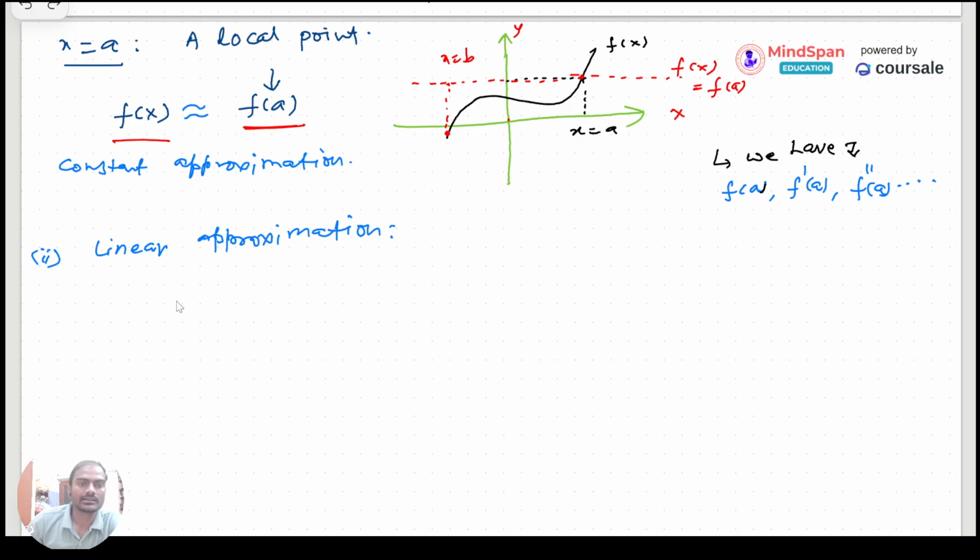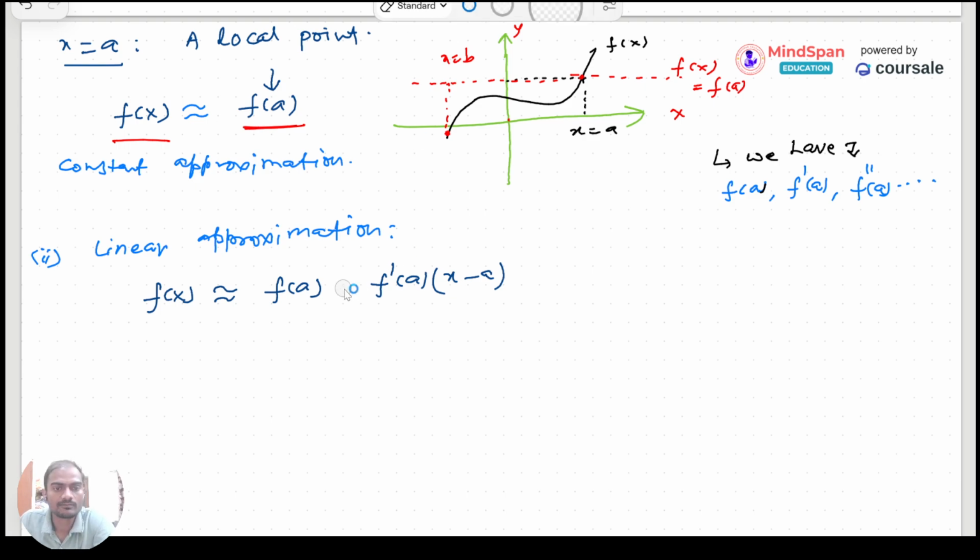So in linear approximation, how we are going to write this? f(x) will be almost equal to f(a) plus f'(a)(x minus a), the equation of a straight line, right? y equal to mx plus c. So m is the slope of the tangent, which is f'(a). This will be the linear approximation.